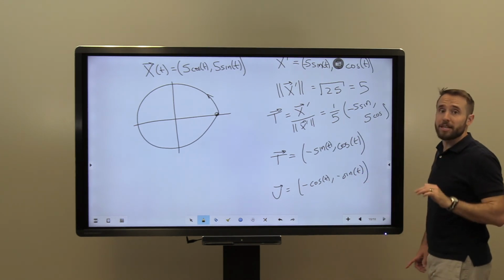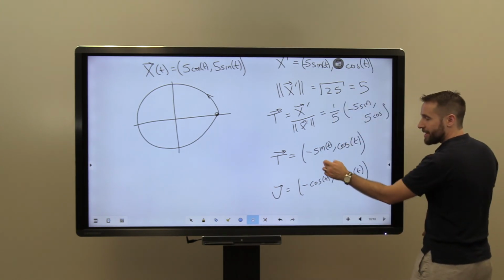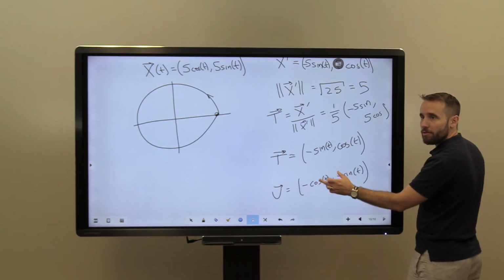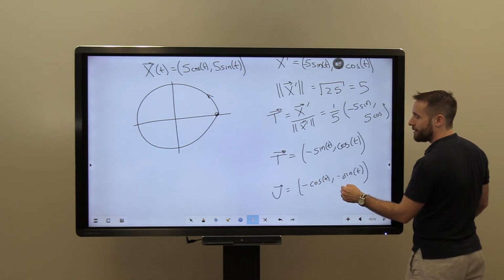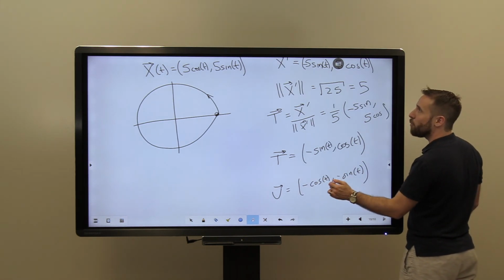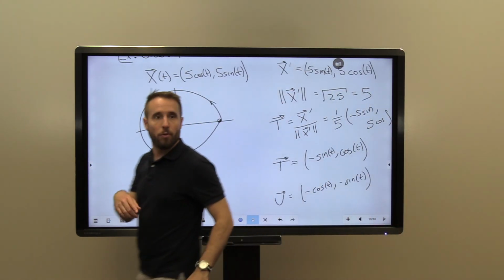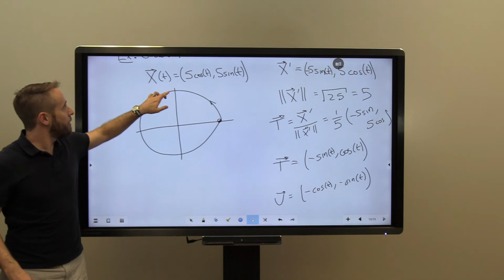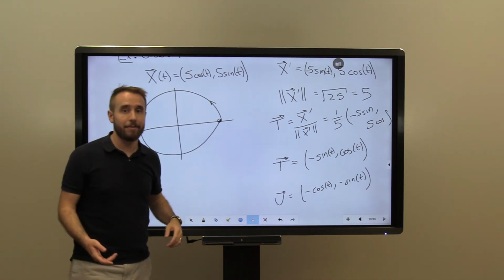And in this particular example, a cool thing to observe is that this unit normal vector is actually just negative 1/5 of our original x of t. Notice how similar those are, just losing the 5 and including that negative sign.